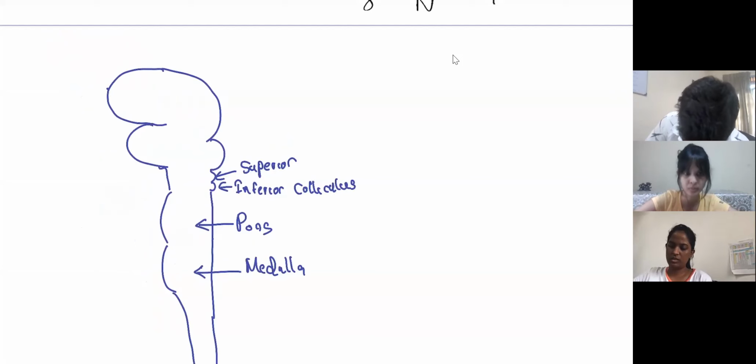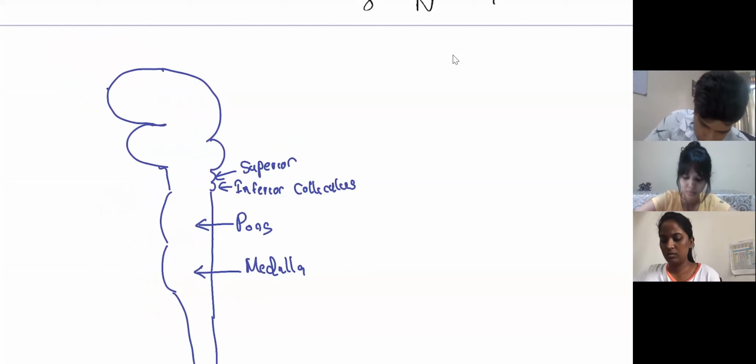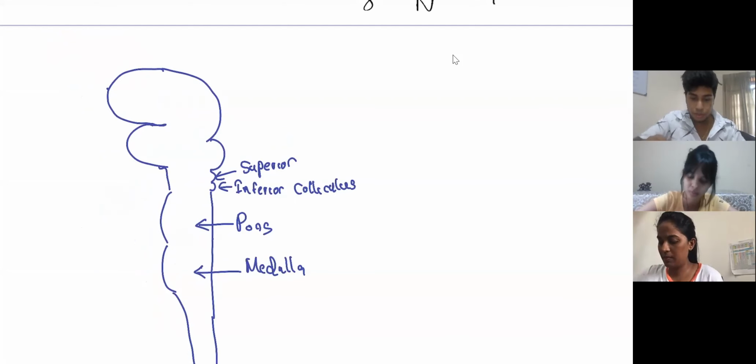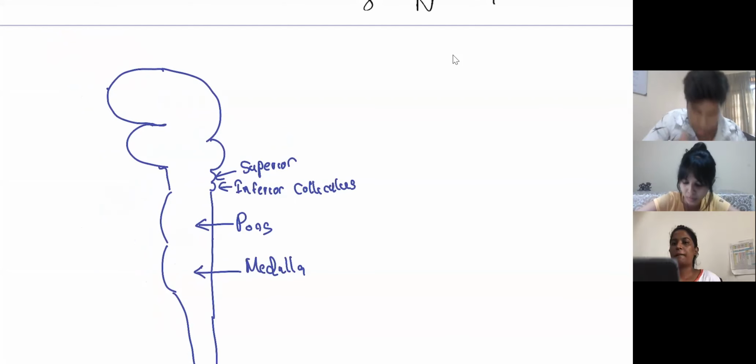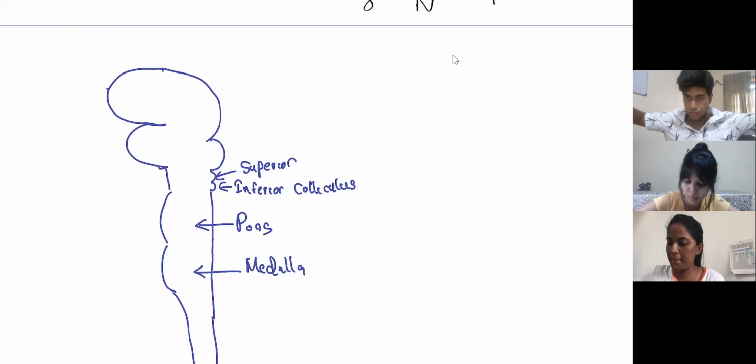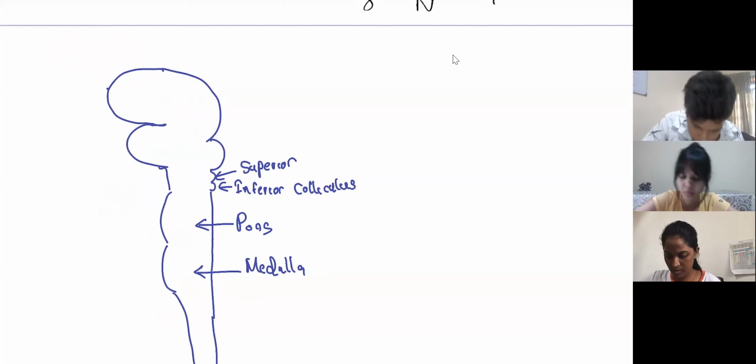Next, I will talk about the blood supply. So if you remember, I told you the middle cerebral artery will come to the two sides. They will come out of the insula. Okay, this area is called the insula.